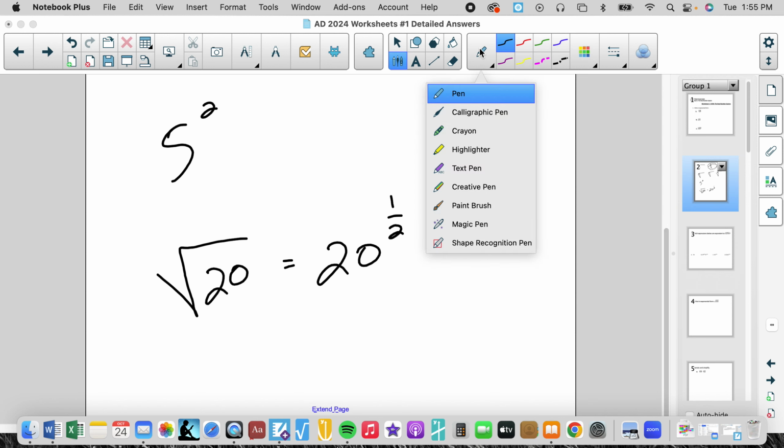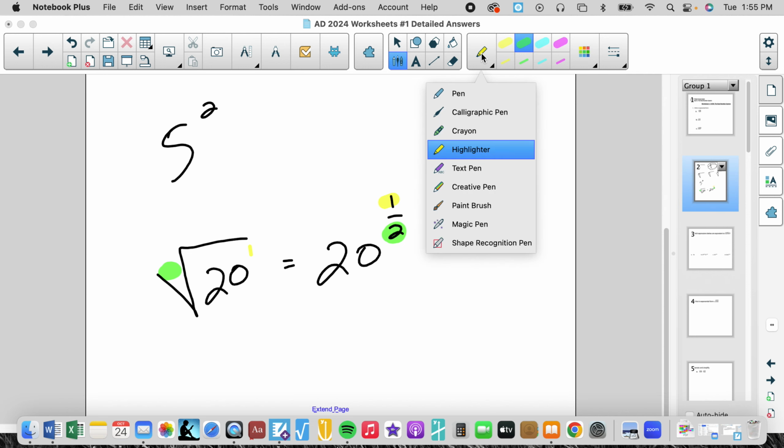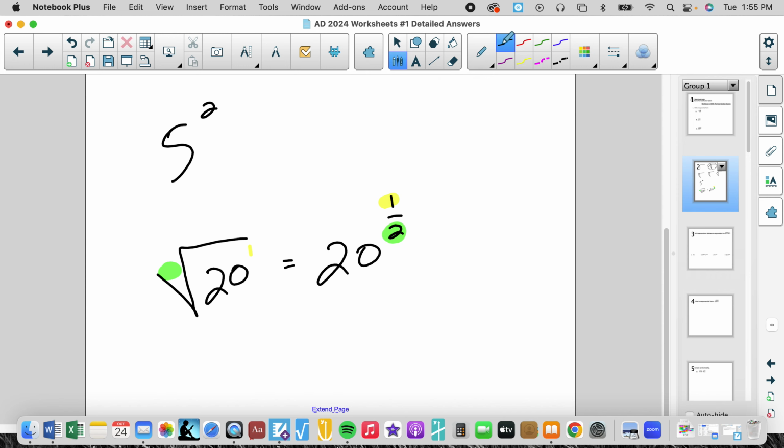Now, this 1 is in the numerator, and speaking of invisibles, that's 20 to the 1st power, and it's a square root. So we've got a couple of invisible things working not in our favor right at the moment. We have a 1 here and a 2 there, and that's where we get these 1s and 2s.